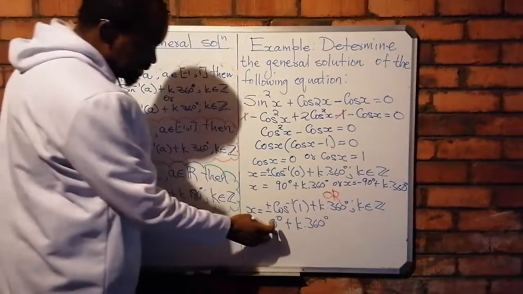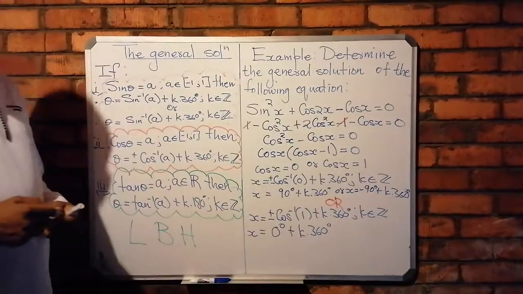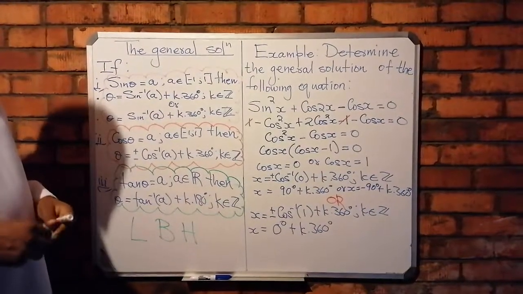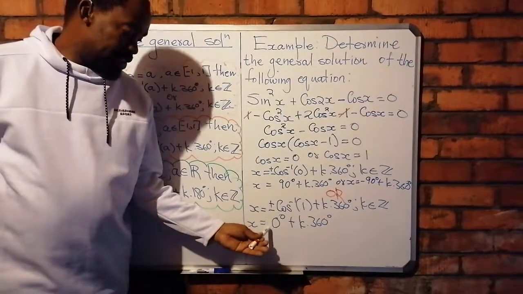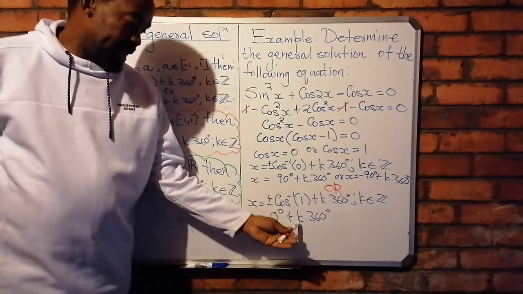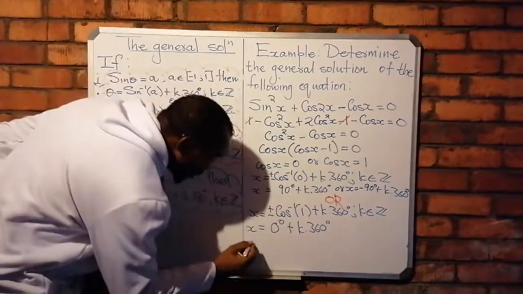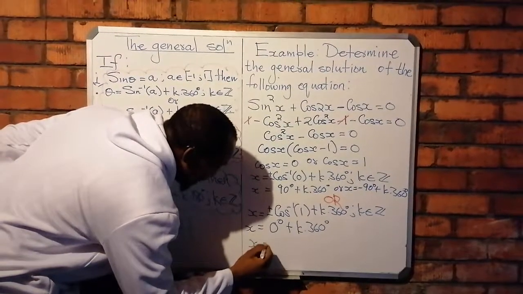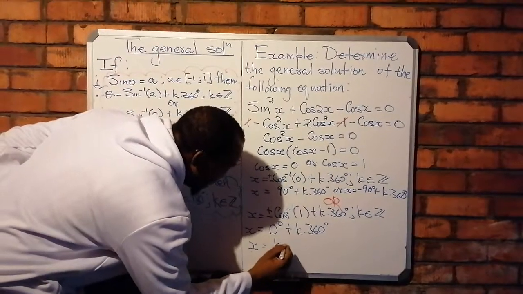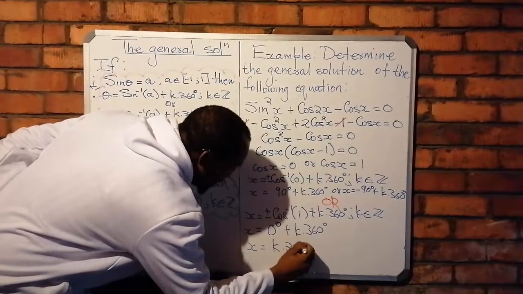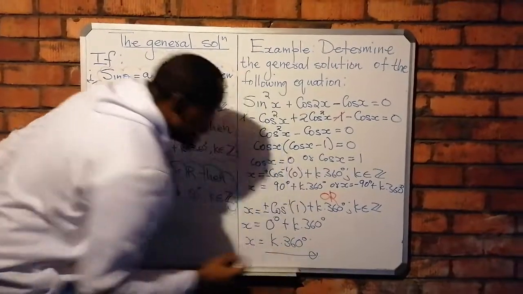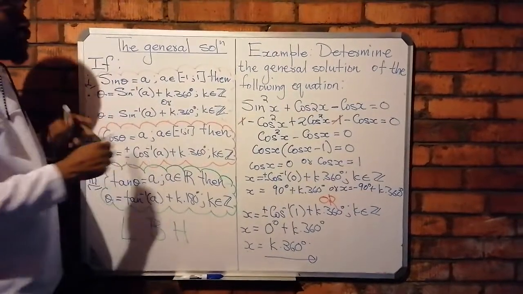And in this case, 0 cannot be positive or negative. It would just be 0 degrees plus k times 360 degrees, which I can write as k multiplied by 360 degrees. What did we do here, folks?